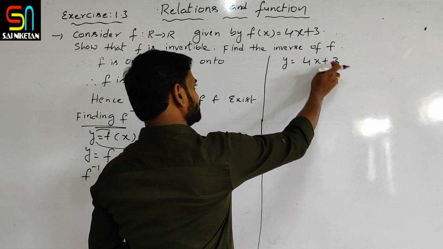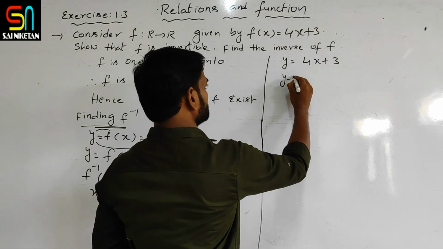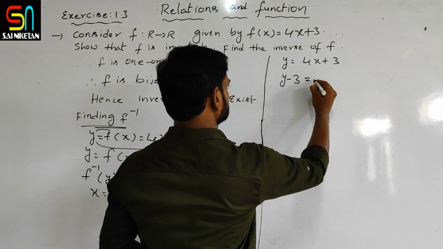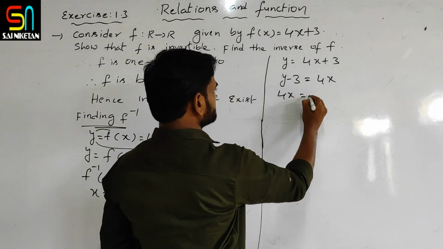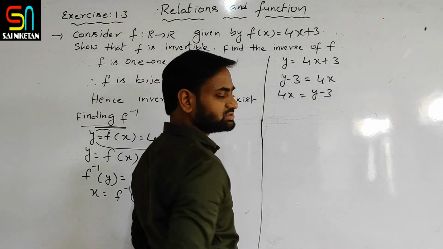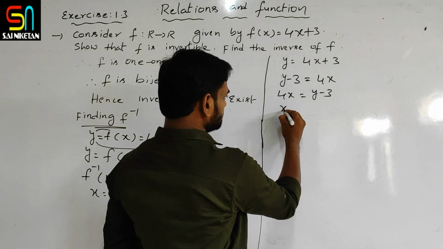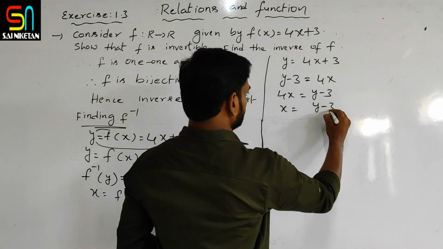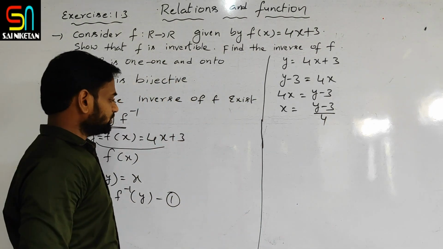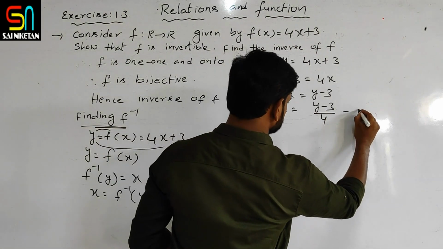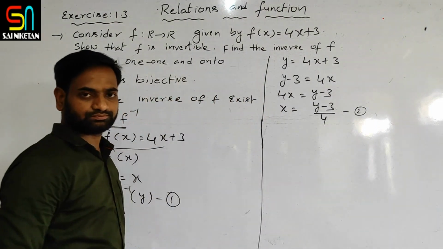That is, send 3 to the other side. That is, y minus 3 is equal to 4x, or 4x equal to y minus 3. From this, x equal to (y minus 3) by 4.